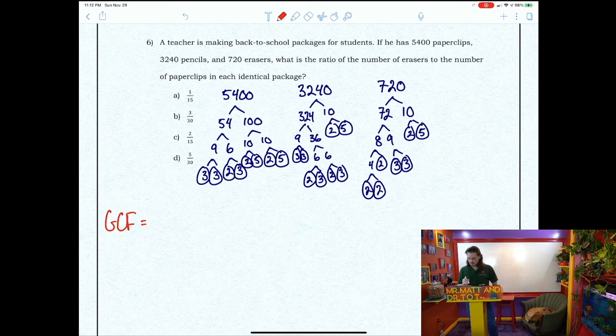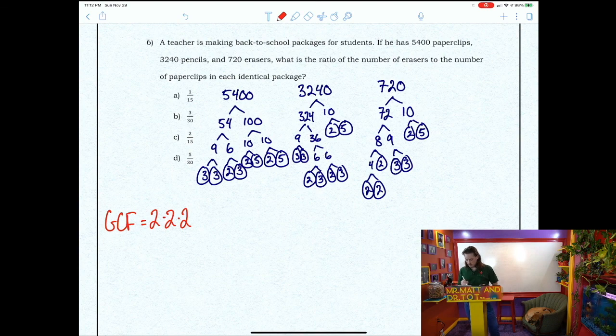Now let's move on to 3. 3 occurs 3 times in 5400. 3 occurs 4 times in 3240. But 3 occurs 2 times in 720. So we're going to take 2 3's. Now looking at 5. 5 occurs 1 time in 5400, 1 time in 3240, and 1 time in 720.